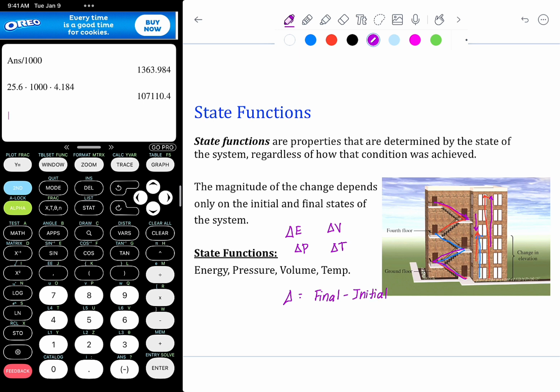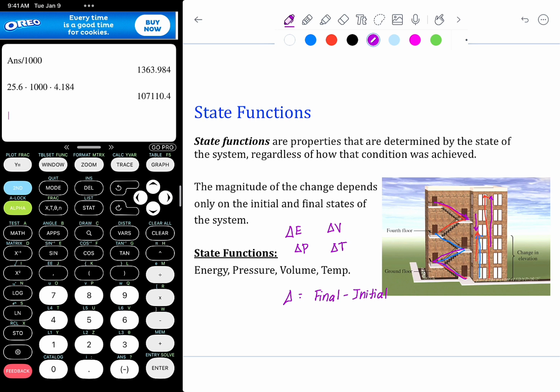No matter what it is, energy, pressure, volume, temperature, we're taking the final value of that unit, so final energy, and subtracting it from the initial. Final temperature minus the initial temperature. So whenever you see a delta, that automatically means final minus initial.